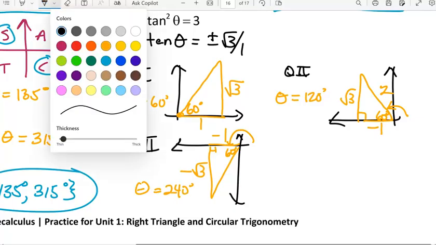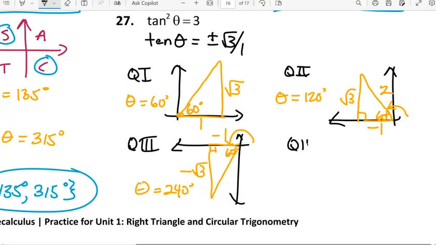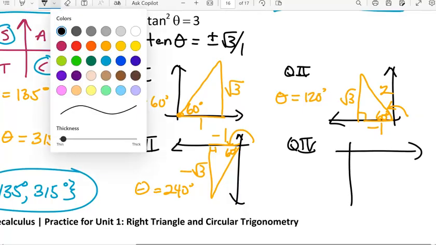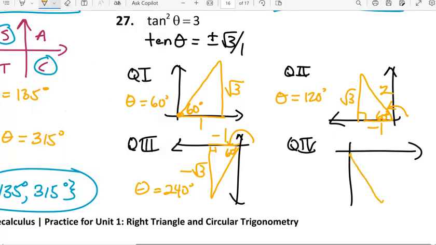And then for our last angle, that would be in quadrant 4. The exact same reference triangle, because now we have the ratio of opposite to adjacent is negative square root of 3 over 1. And this time our angle theta and 60 degrees make up a full rotation.